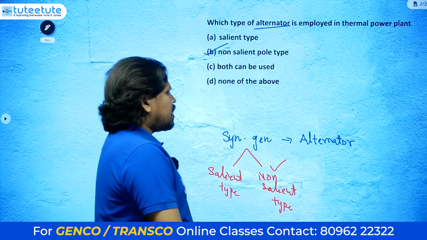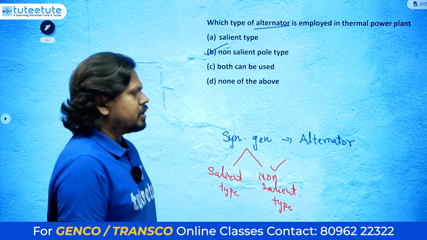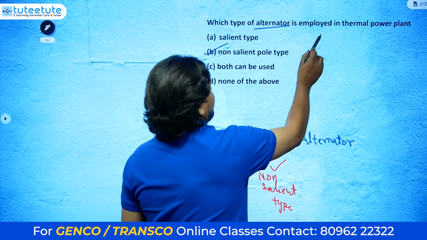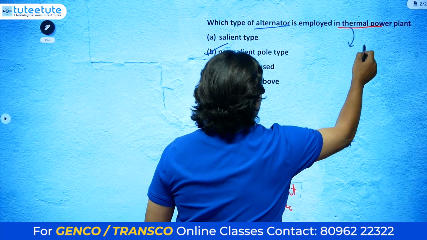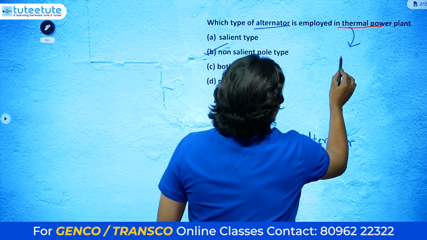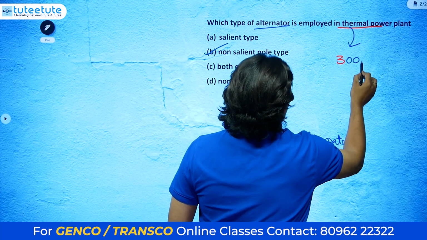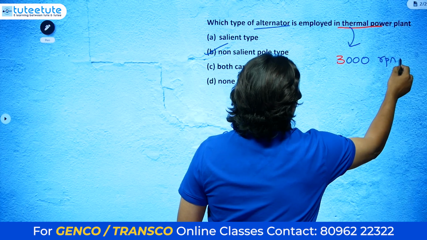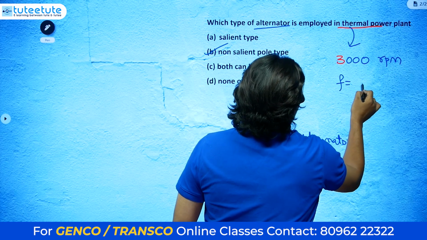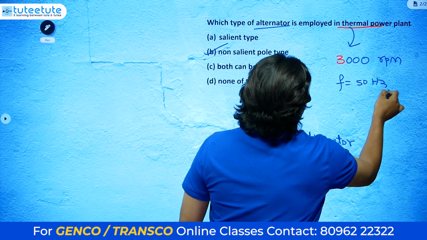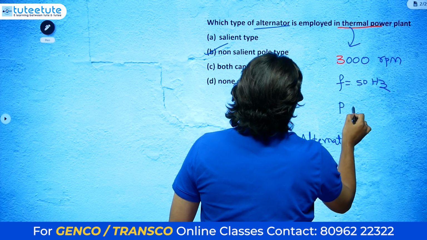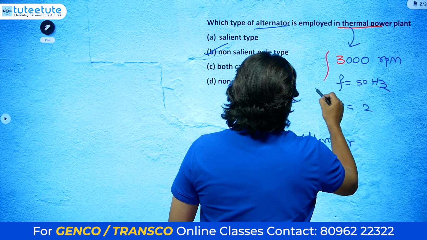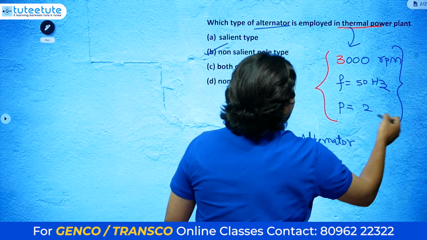Here some other points also we need to understand. In the steam power plant, the thermal power plant, what is the speed? The speed will be around 3000 rpm, frequency equals 50 hertz, and number of poles equals 2. This is also called the turbo alternator.